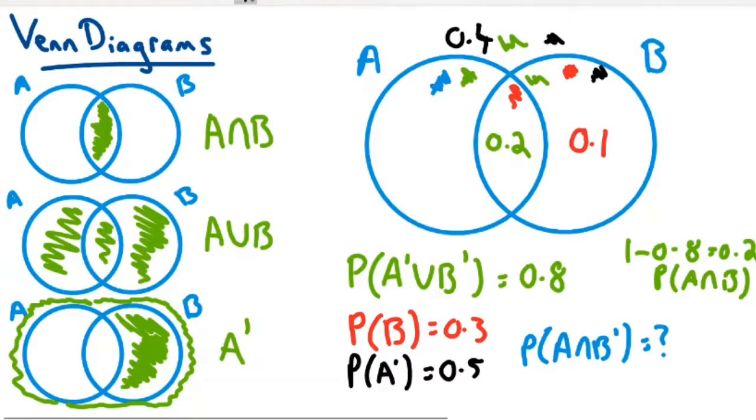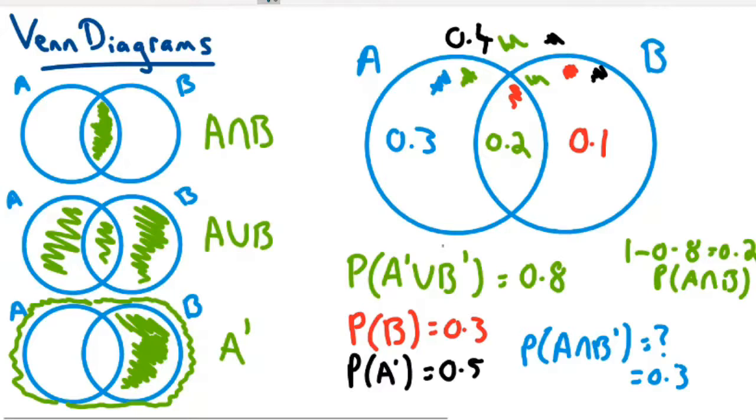And now, because we know it all has to add up to 1, or we know all the green sections had to add up to 0.8, either way, just by doing some subtraction, 1 minus 0.4 minus 0.2 minus 0.1, or 0.8 minus 0.4 minus 0.1, you end up with this here being a probability of 0.3, which would be the answer that we're looking for.